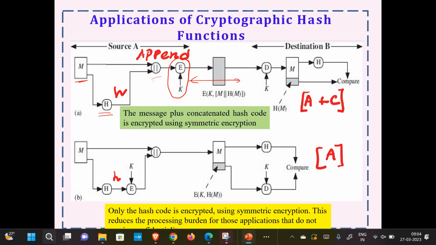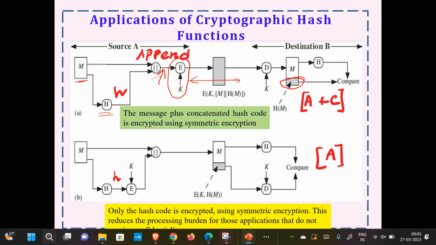But now you can observe the application of the hash function: before the encryption happens, we make the message go through a hash function, and naturally a message digest is generated, and that message digest is used for the encryption. When it is received at the receiver, the message is segregated out, and this hash is tested and compared to check whether it is the correct hash function value that has been received or not.